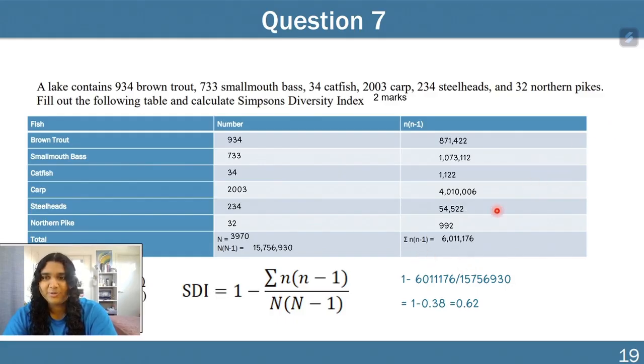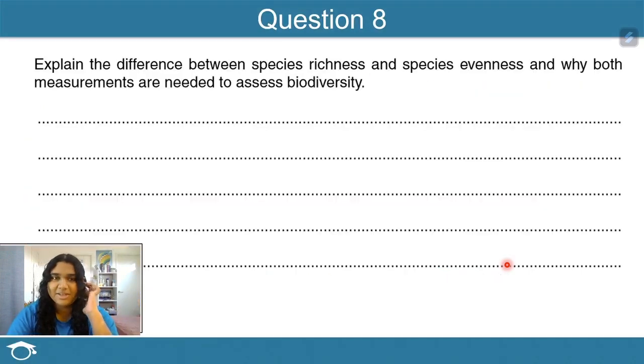Just before we go into the next question, if you are asked to describe the biodiversity here, it's like moderately high biodiversity. I'd say moderate biodiversity is about 0.5 when you're halfway between 0 to 1 mark. Considering we're at 0.62, it's slightly above average, so moderately high would be an appropriate thing to say.